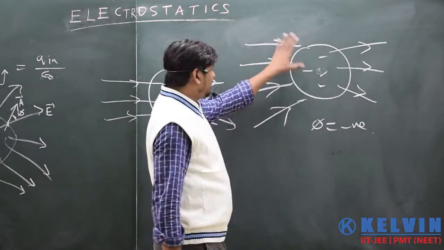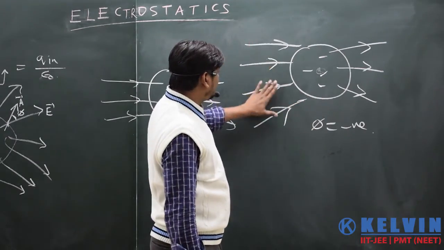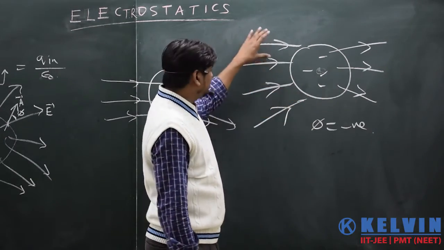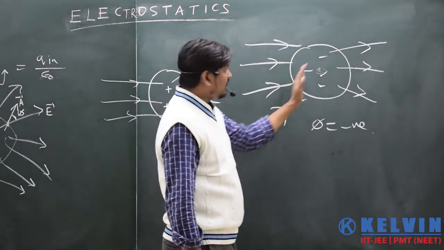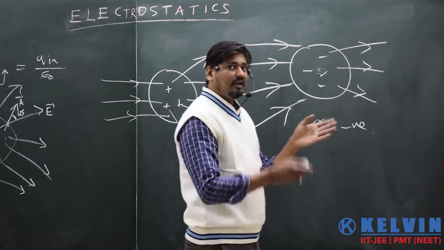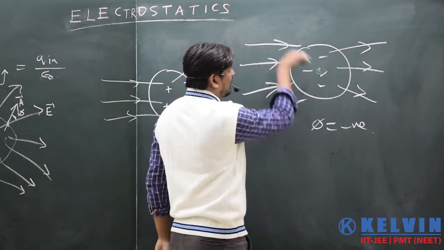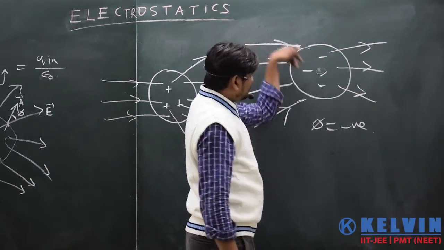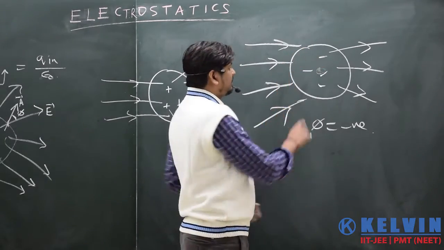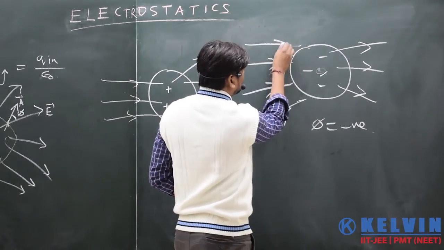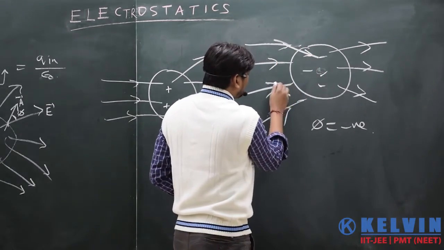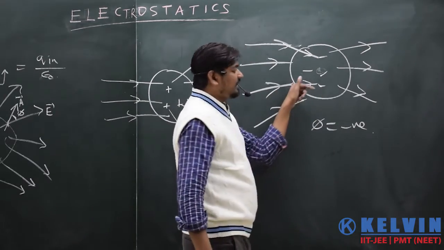So how will you interpret the situation? The number of field lines going inside the surface is larger, and coming outside is smaller. So we can say some lines are being consumed inside, and the consumption is due to the negative charge, because we already know that field lines terminate at the negative charge.